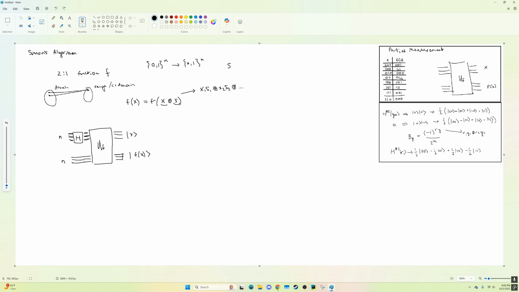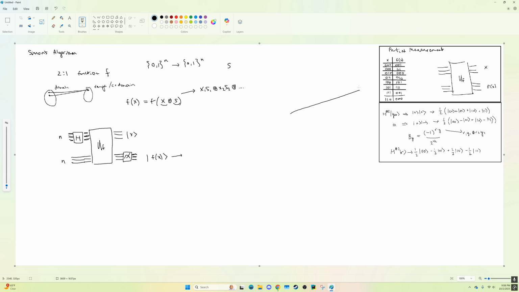Now what we do is we measure the bottom output, and once we measure the bottom output, we instantly collapse the top input to a superposition between 2 qubit strings. So for f of x, because it is a 2-to-1 function, when we get a unique value of f of x, then we know there are exactly 2 x's that could have caused that f of x, right?